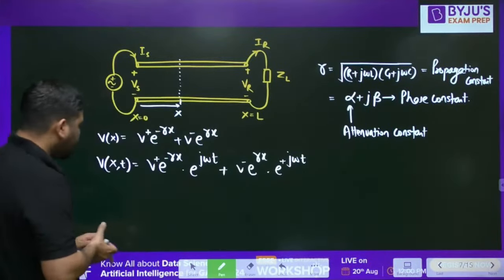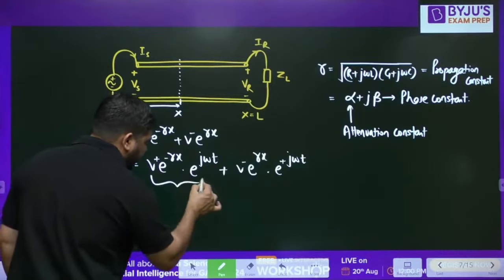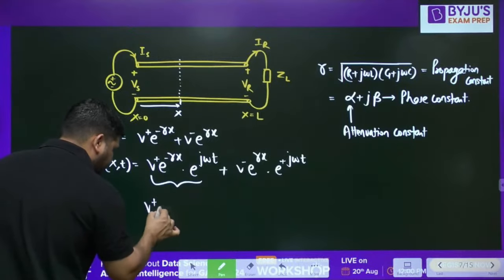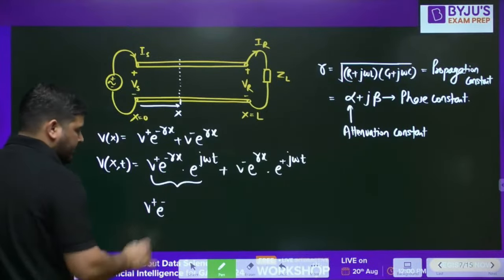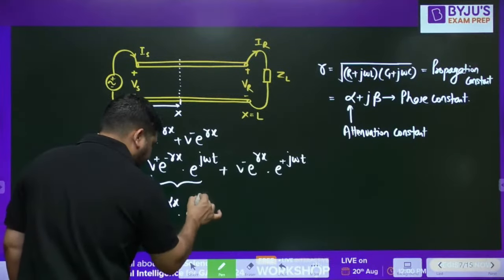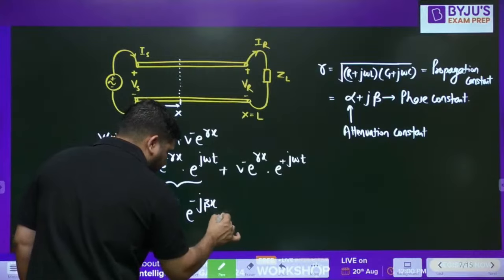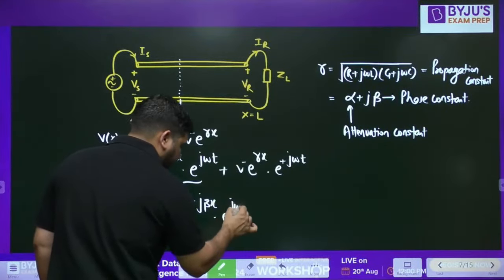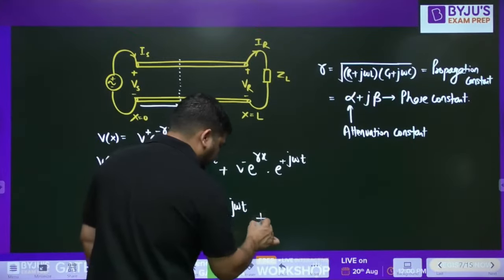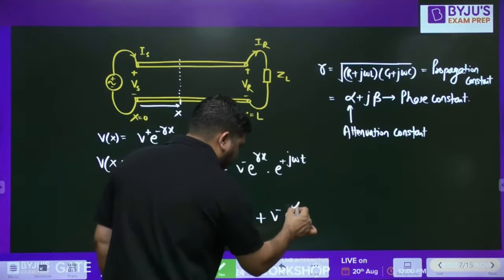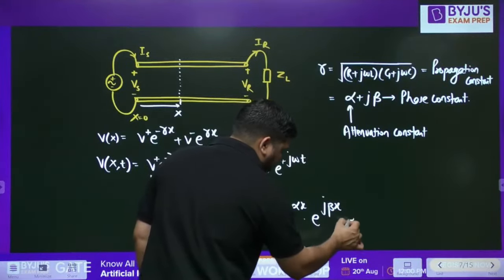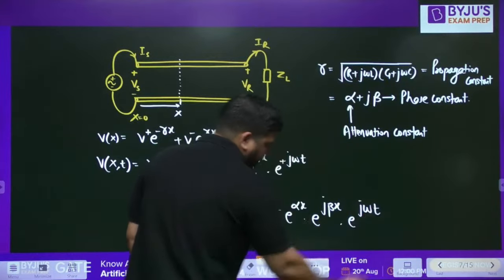Now if you take the real part of this, because gamma can be broken into two parts: V plus e to the power minus alpha x into e to the power minus j beta x into e to the power j omega t. This is the first part. What about this? V minus e to the power alpha x into e to the power j beta x into e to the power j omega t.